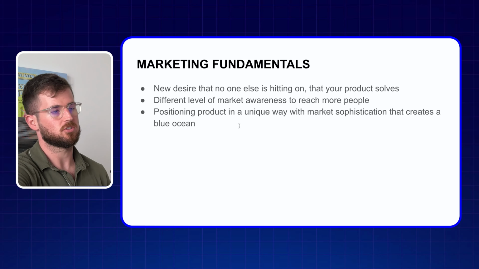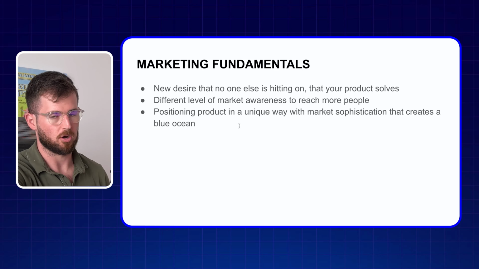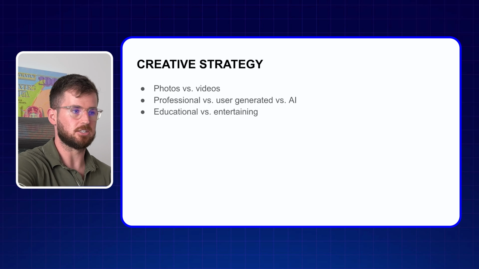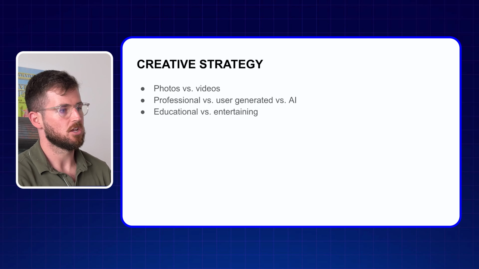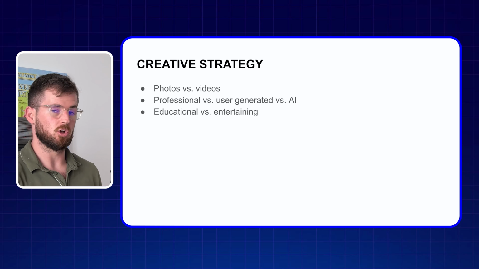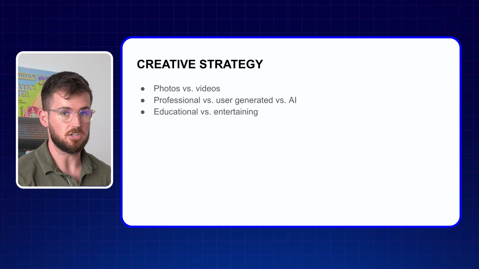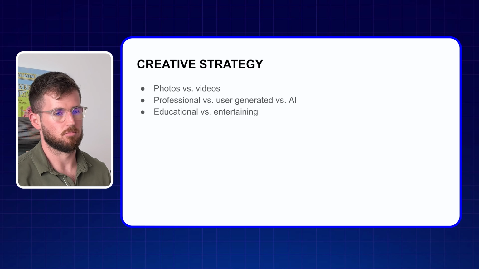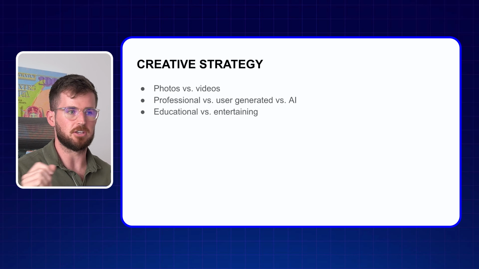So first things first is just dialing in your messaging, marketing fundamentals. Then the next thing is going into creative strategy, which again is how do you visually showcase that particular messaging right there. So this will be at a very low level, photos versus videos. And the further you go down, the more nuance and more very specific you can get.